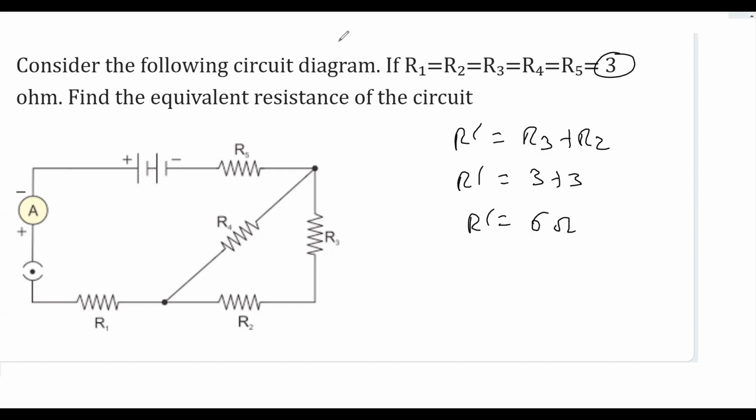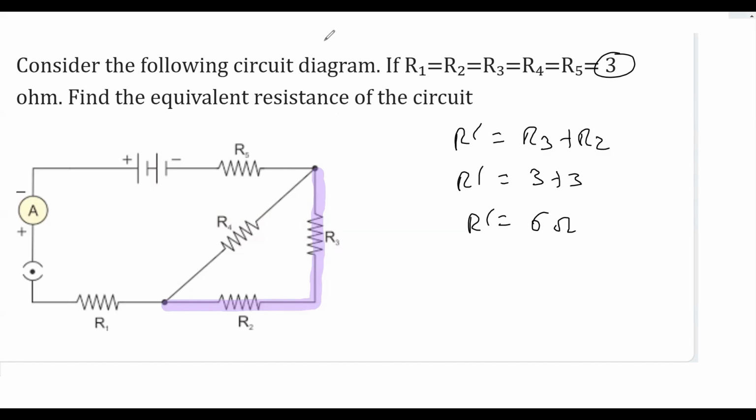Now, this is R dash, the one I just shaded. Check here: how is this R dash connected with this resistor, say R4? It is connected in parallel.